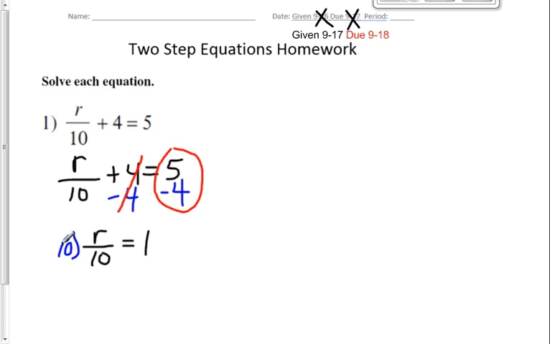If you do it to one side, you have to do it to the other side. So 1 times 10. By doing that, these cancel each other out, and I'm left with r is equal to 1 times 10 is 10. So I get an answer of r is equal to 10.